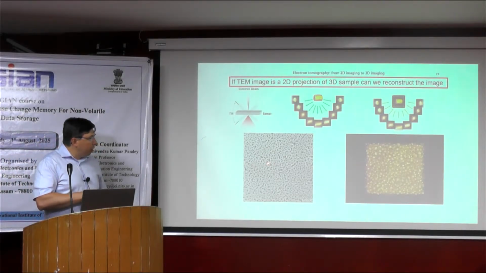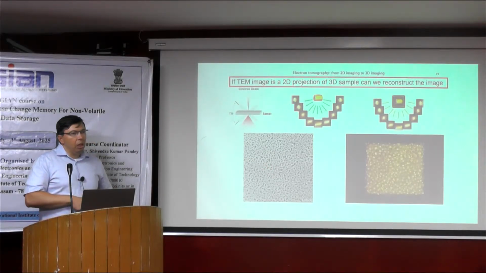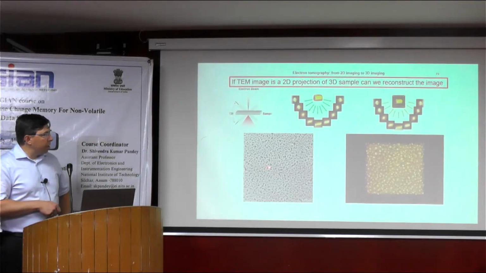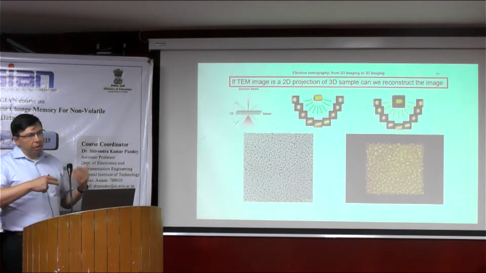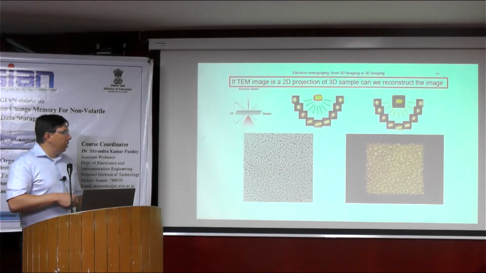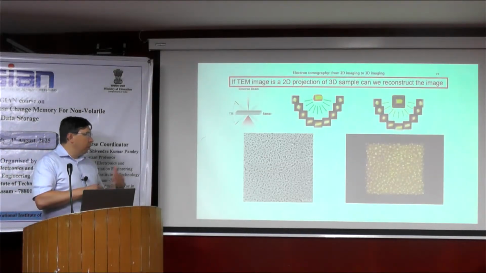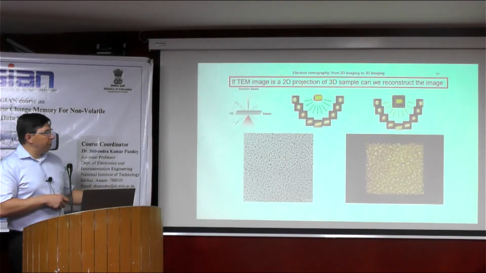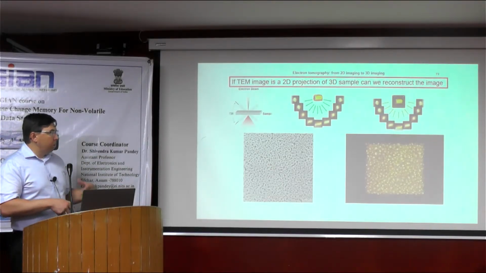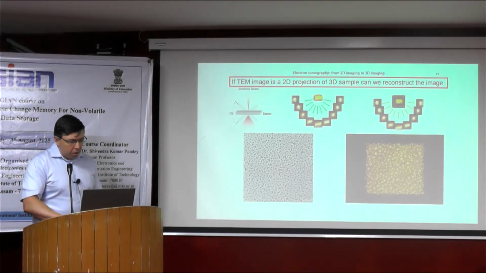You see here a large fraction and a small fraction, and the interest here is how they are distributed in the sample. Maybe a larger fraction can go to the surface, or it can stay in the bulk, or it can be a mixture of this.